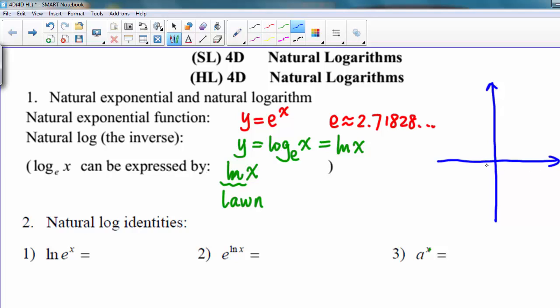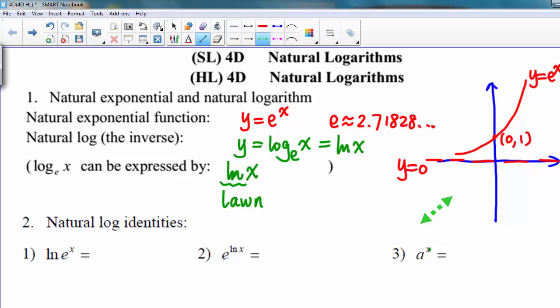If you want to graph both of these two functions on the same coordinate system, we can graph both of them here. The natural exponential function is an increasing model because the base e is larger than 1, and it passes through the point (0, 1). And y equals 0 is the horizontal asymptote.